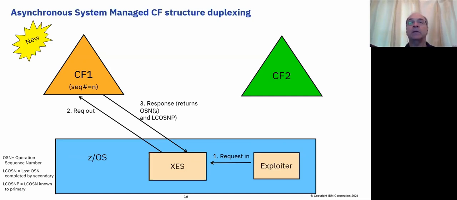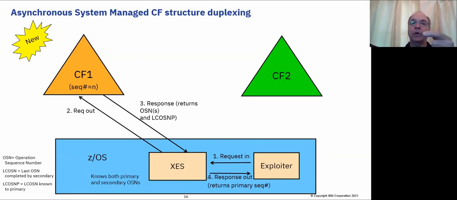But this response comes back in very close to the amount of time it would come back in a simplex request. At that point, the response goes back to the IRLM. So the IRLM has not waited anywhere near as long to get the answer back to the application, and the application can continue on and process whatever it's doing next.